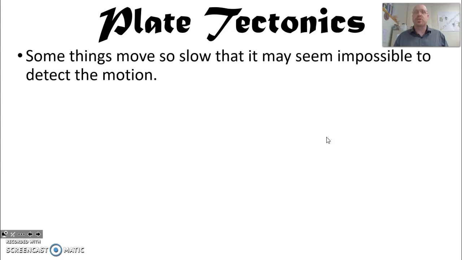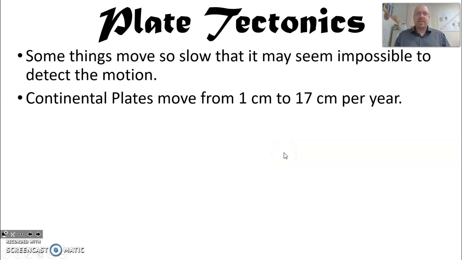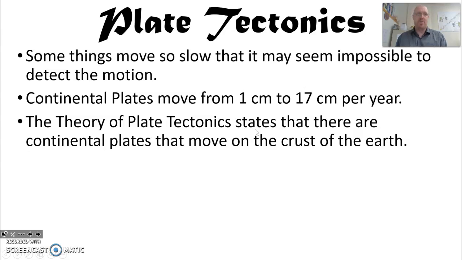It's drifting on the surface of the planet, but it's going so slow you don't even notice it, okay? With satellites that can measure this kind of thing, we know that the continental plates all around the planet move anywhere from 1 centimeter to 17 centimeters per year. That's like hardly moving. How do you know that's moving?